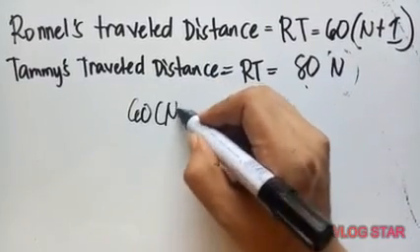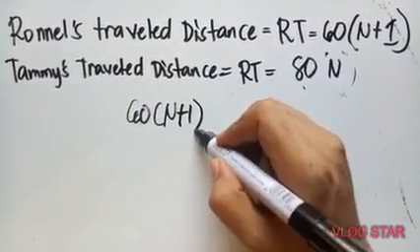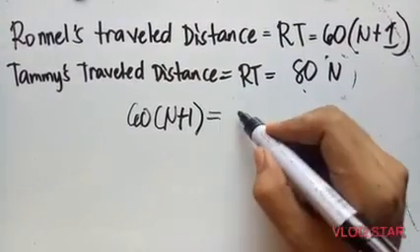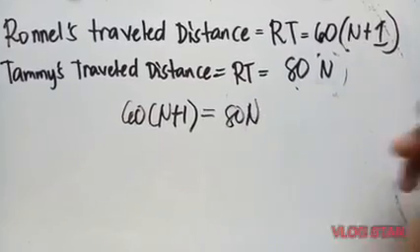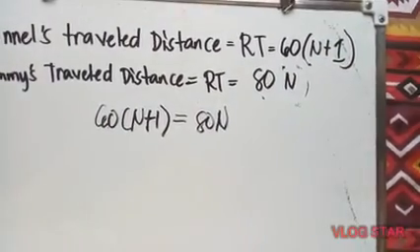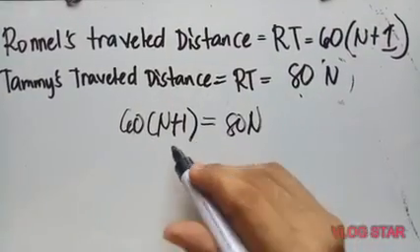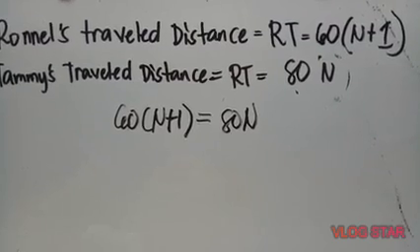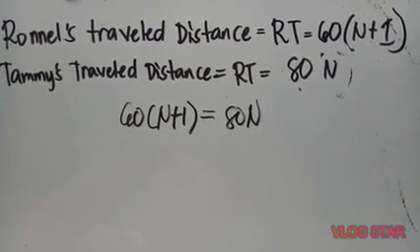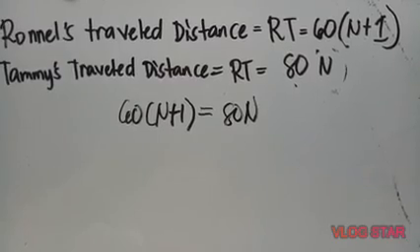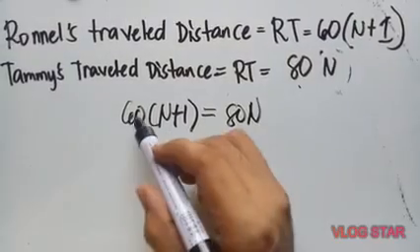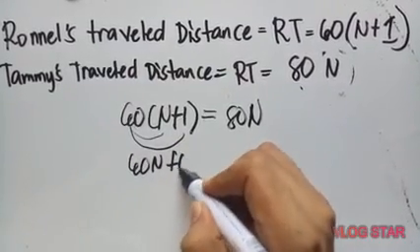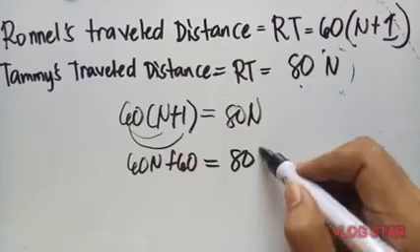Okay, so in order for us to get the value of n, just write it in an algebraic expression. 60 quantity n plus 1 is equal to 80n, because they will meet. So to get the value of n, first let's distribute 60. 60n plus 60 is equal to 80n.